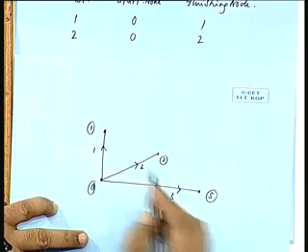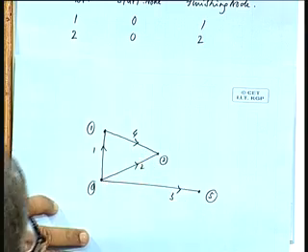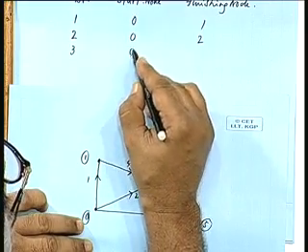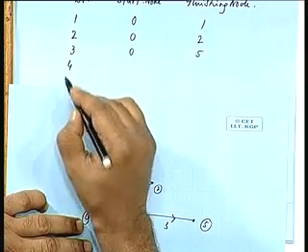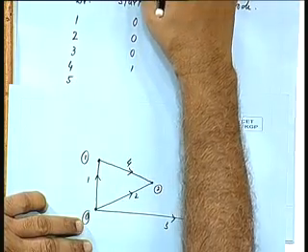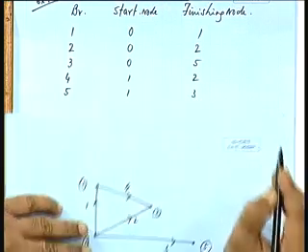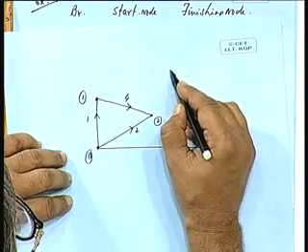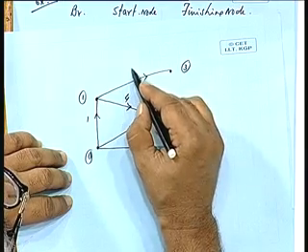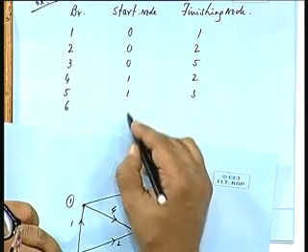Then fourth branch is between 1 and 2. The fifth element is between 1 and 3. Let us take node 3 here, then 1 and 3. This is the fifth element. Then the sixth element is between 3 and 4.